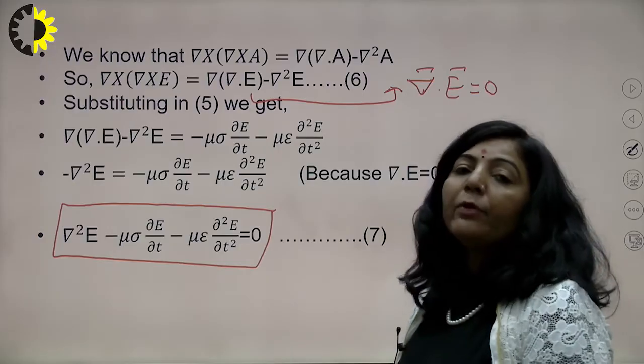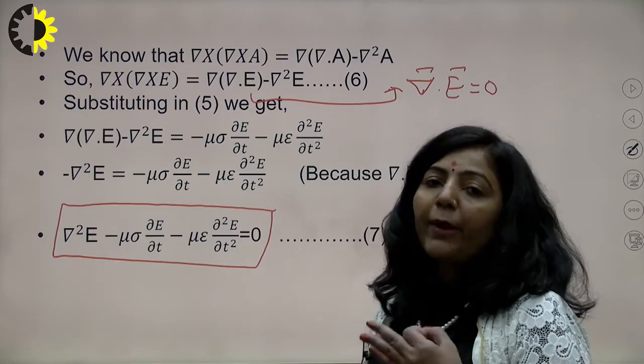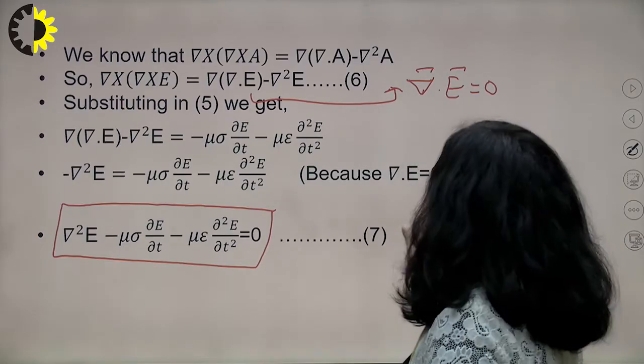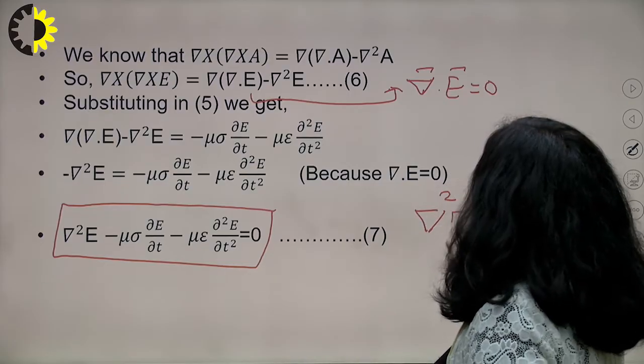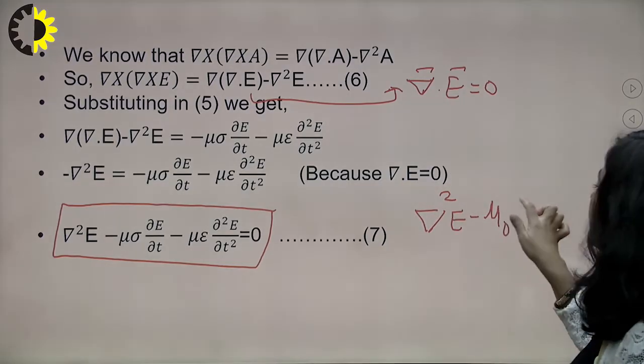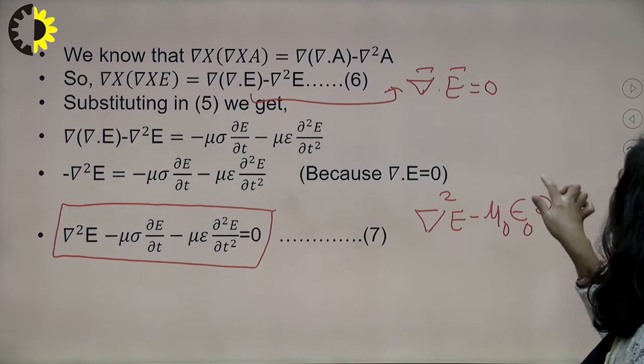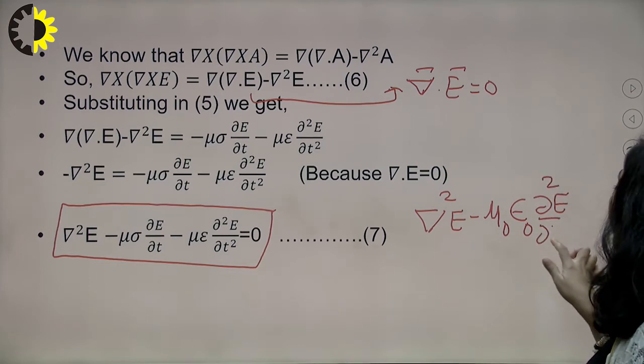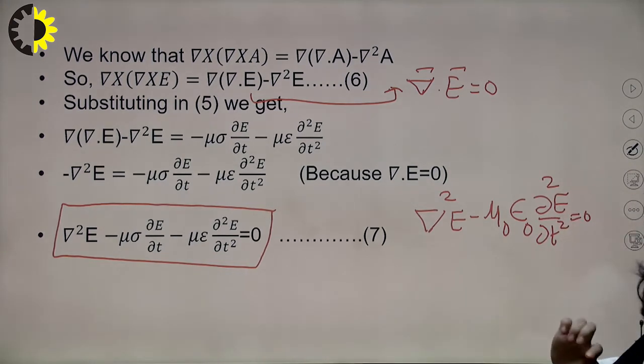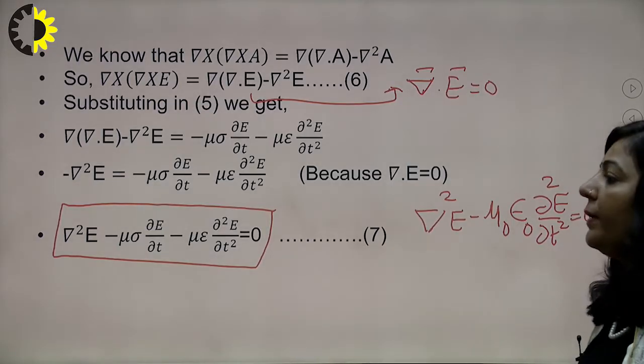I hope you remember what is the equation in vacuum or in free space in terms of E. Just to remind you, I am writing the equation here. That equation was del square E minus mu naught epsilon naught del square E upon del t square equals to 0. This was the equation in terms of electric field in free space.